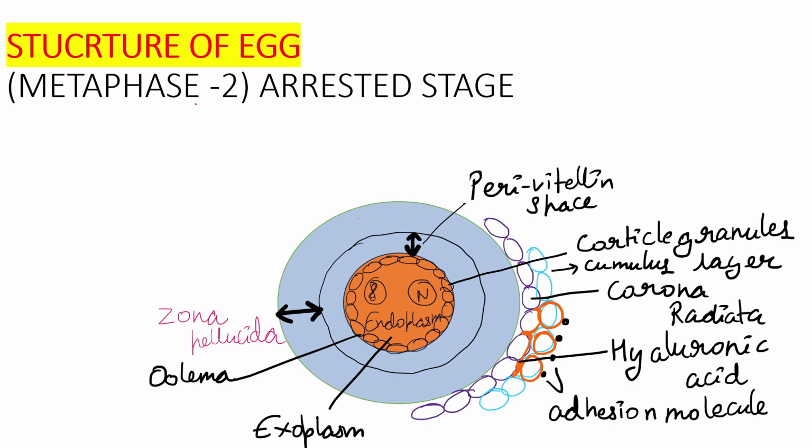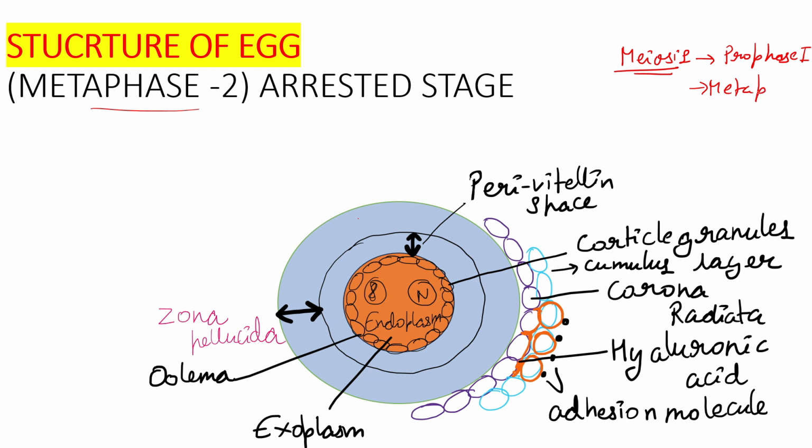So this egg is at the metaphase II arrested stage. The egg arrests itself in metaphase II. What is metaphase II? When meiosis is occurring, in meiosis there is prophase 1, and then comes the metaphase.